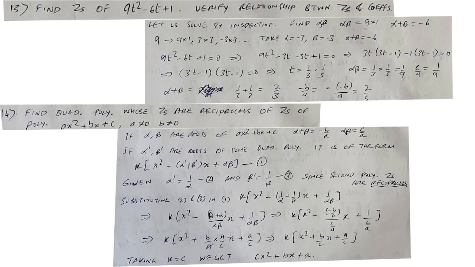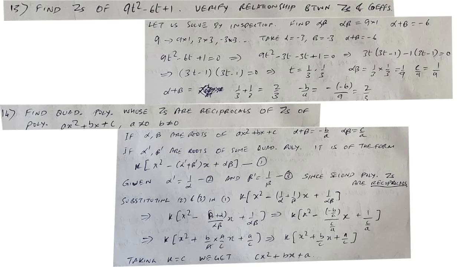Okay. Now, given that alpha dash is 1 by alpha and beta dash is equal to 1 by beta, because they have given that the roots of the other quadratic polynomial are reciprocals. Substituting in equation 1, we get k into x squared minus 1 over alpha plus 1 over beta into x plus 1 over alpha beta.